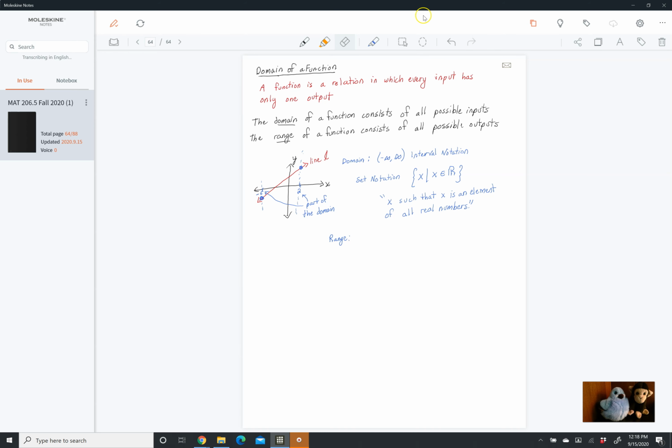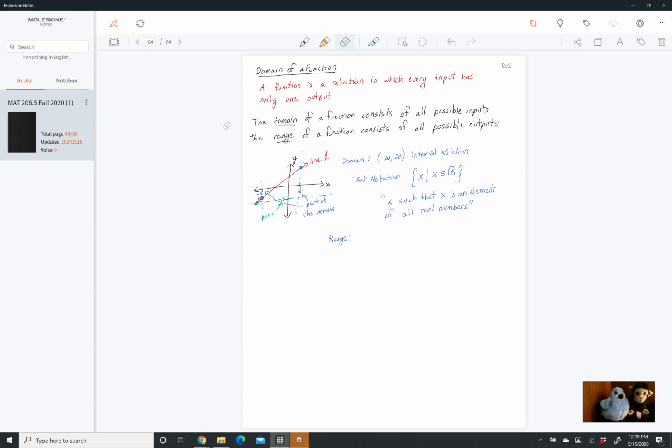So range works the same way. The only difference is that you would be drawing horizontal lines instead of vertical lines. So for example, if this is the y value -3, then we would draw a line through -3. And we would say, do we hit the line? And the answer is we do, okay? So this would be part of the range.